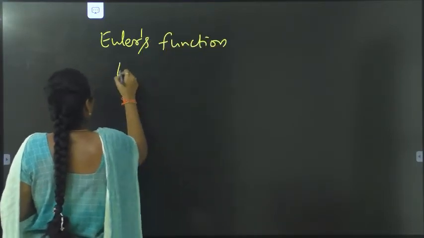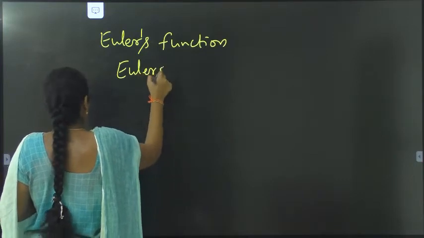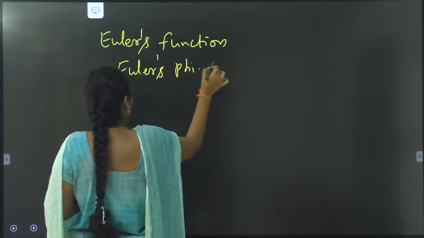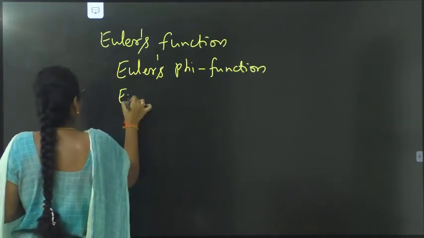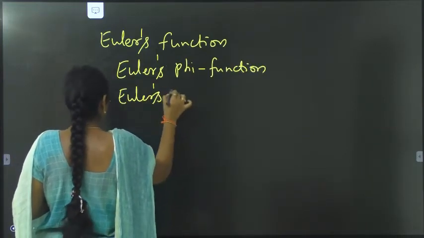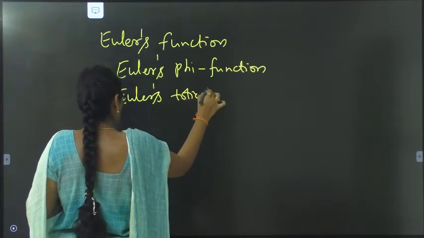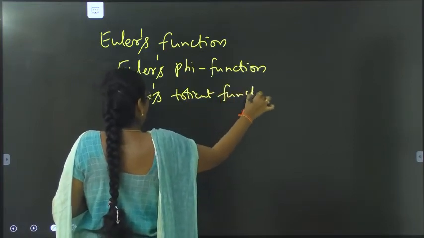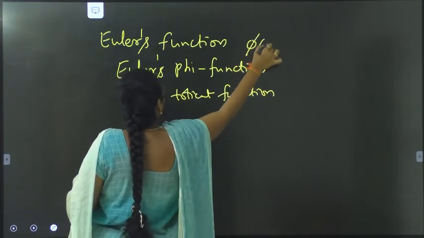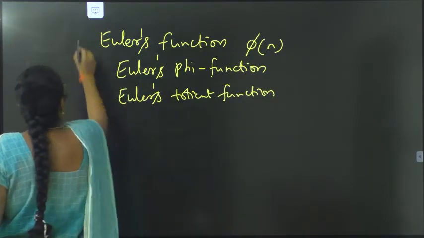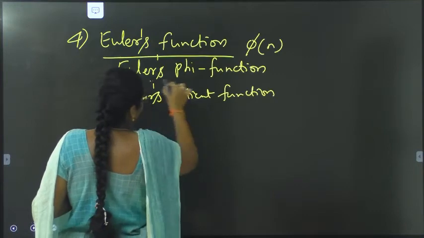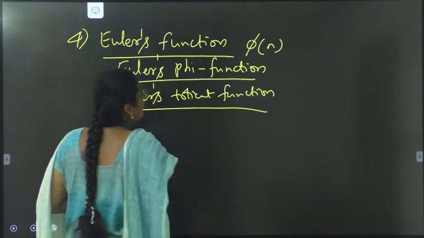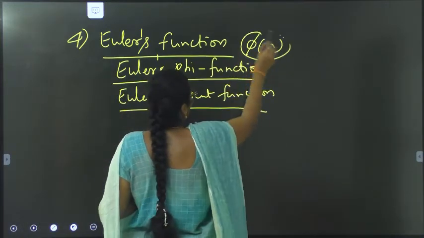This Euler's function is also called Euler's phi function, and it can also be called Euler's totient function, and it is denoted with phi of n. So the fourth point in mathematics of asymmetric encryption is Euler's function. It can also be called phi function or totient function. It is denoted with phi of n.